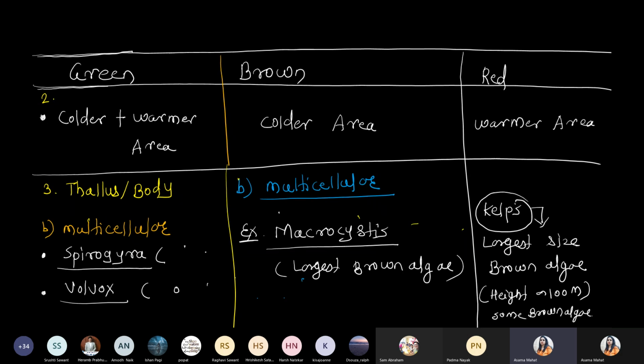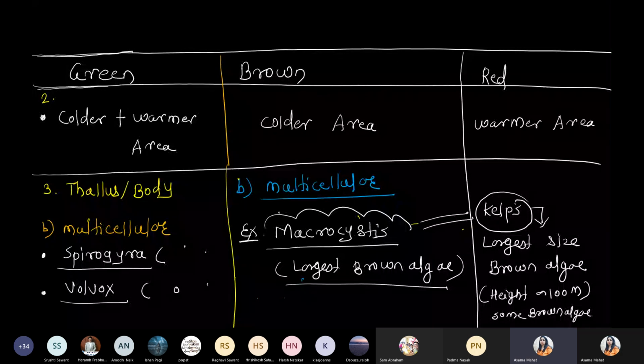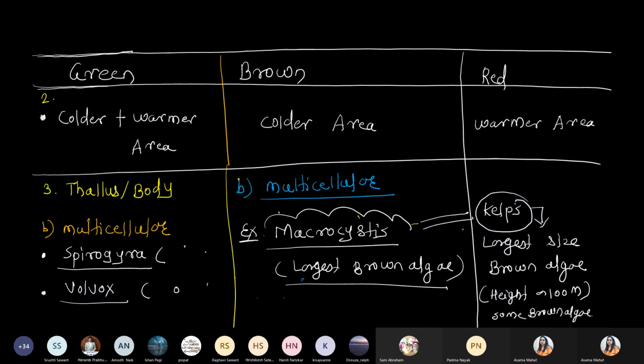And such type of structure is commonly called kelps, and kelps means the largest brown algae, height approximately 100 meter. In other terms, kelps are also called macrocystis. Macrocystis means the largest brown algae. So the common name is kelps, and kelps is also represented by another biological word, macrocystis. M capital, underline. Got it? Is this point clear, everyone?